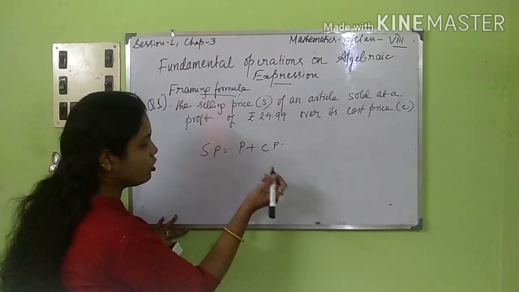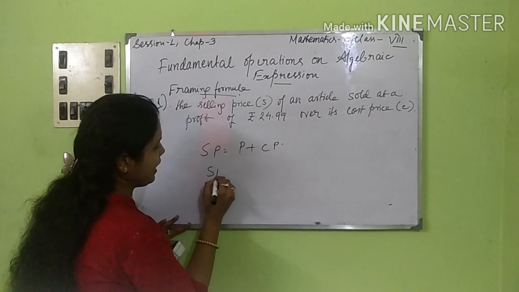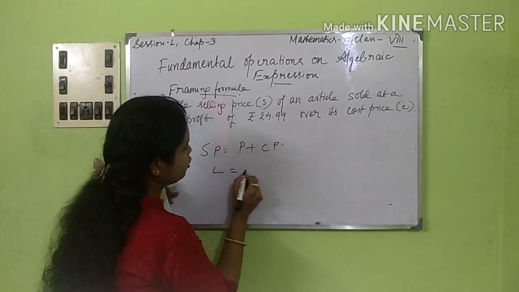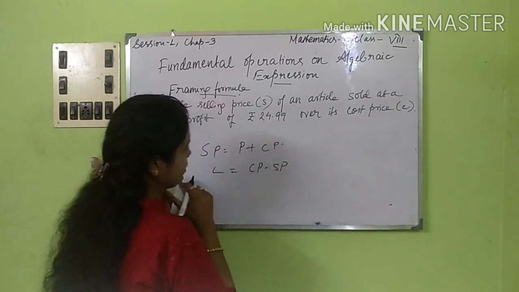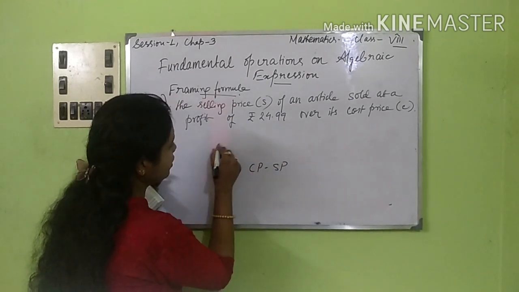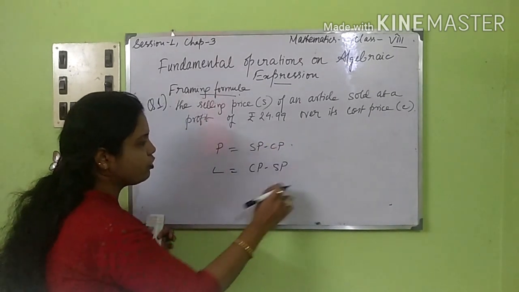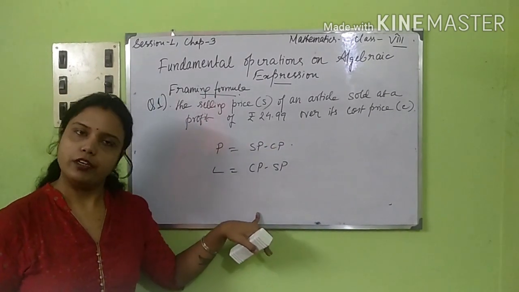And for loss, loss is equal to CP minus SP, and let me write this as profit only. Profit is equal to SP minus CP. So these 2 formulas we are already acquainted with, right?